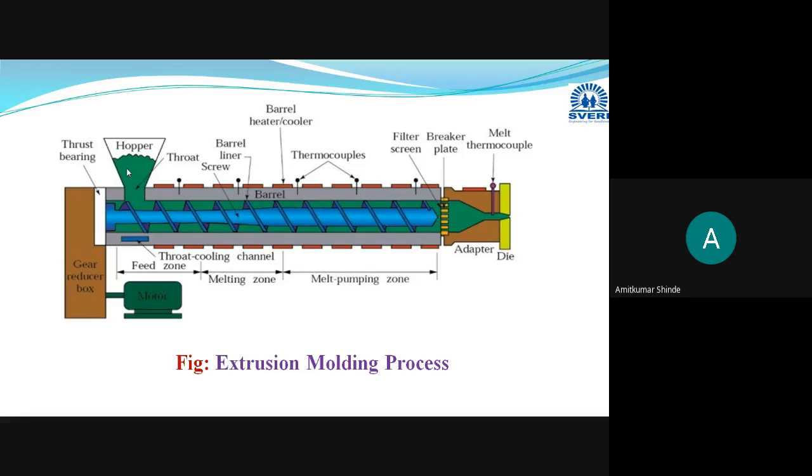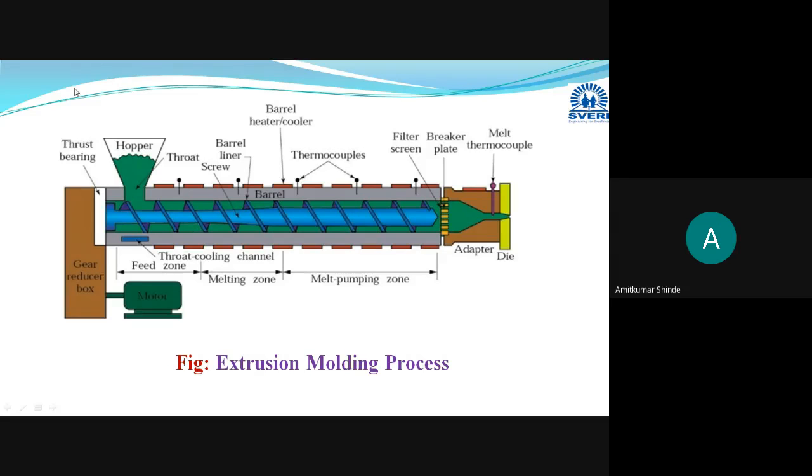That plastic material will get converted into a uniform paste. Okay, molten plastic material or plastic paste is obtained, and due to the rotational motion of the screw, it will get transferred and gathered at this end.